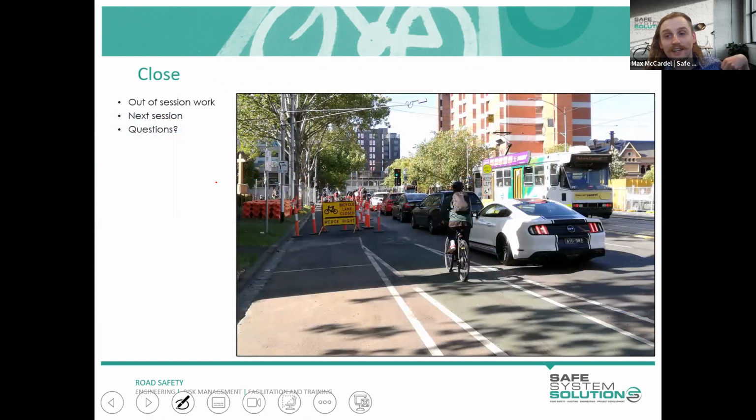That is the close of today's presentation. This final slide is actually that protected intersection that I was showing in Melbourne. That is this being installed at the moment. It wasn't this intersection, but part of that work.